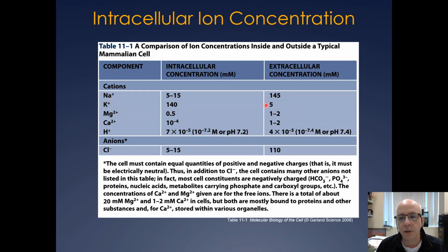In the case of sodium, it's high on the outside. Potassium is high on the inside. Calcium is actually low in the intracellular space relative to the endoplasmic reticulum, the sarcoplasmic reticulum, or the extracellular space. And chloride ion is high outside. Proton you don't have to worry too much about because the differences are somewhat minor.